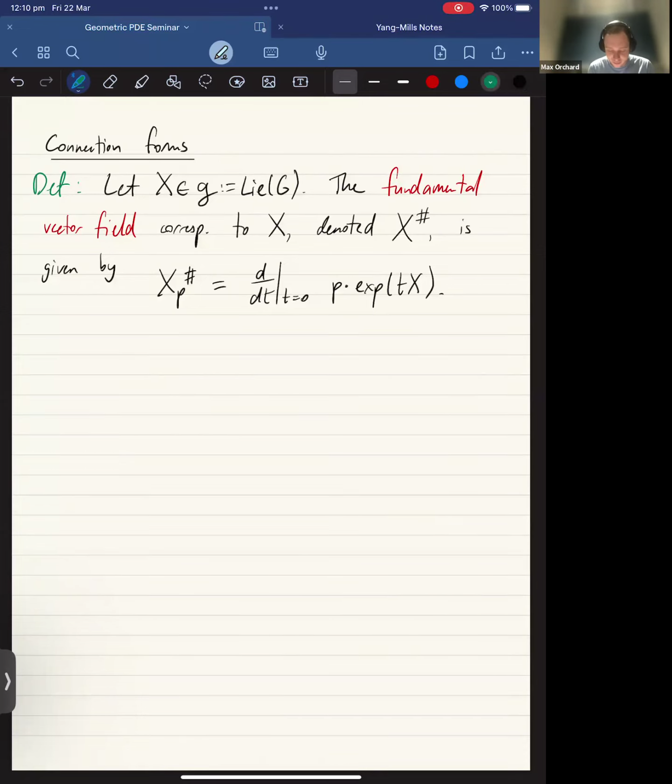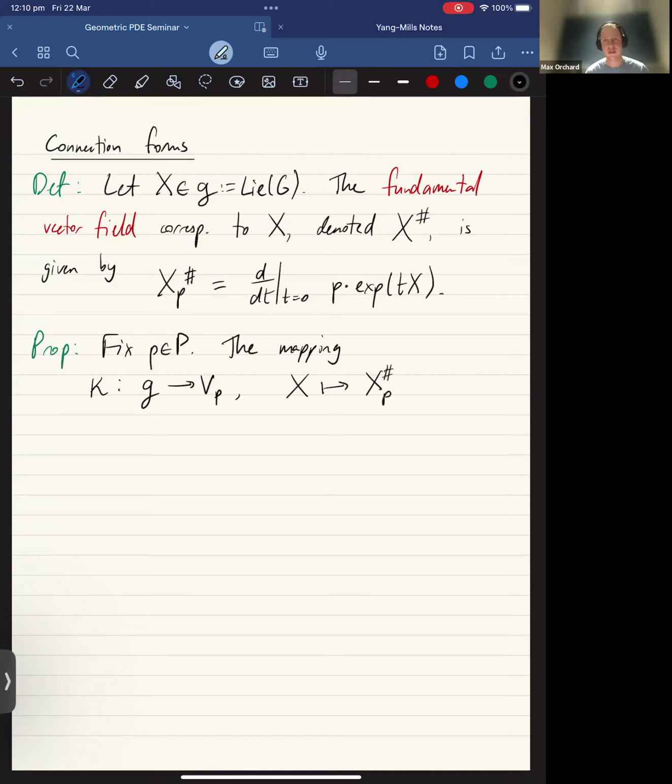And the usefulness of this is that this provides us with an isomorphism between the Lie algebra of the structure group and each vertical subspace. And we simply map X to the fundamental vector field at X at the point P. This is a linear isomorphism.